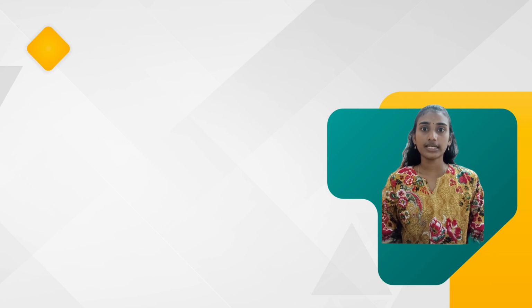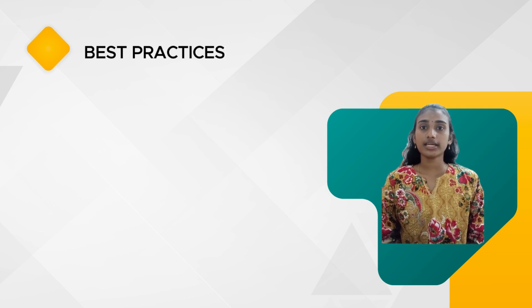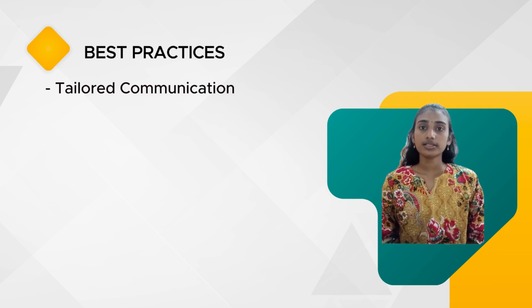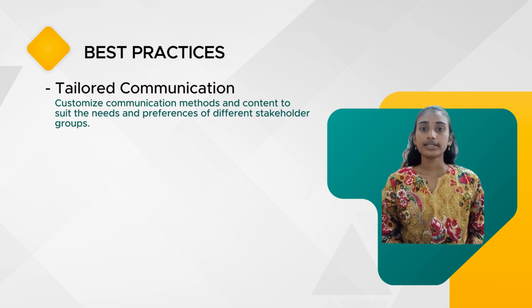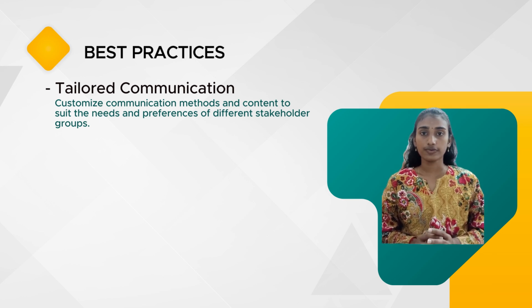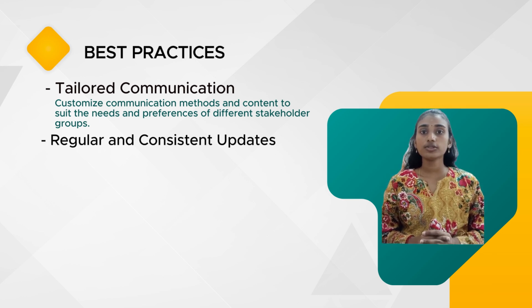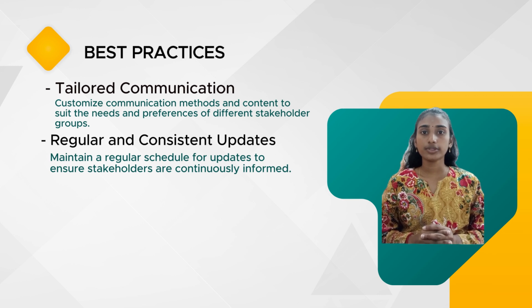To overcome these challenges, several best practices can be adopted. First is tailoring communication to suit the needs and preferences of different stakeholder groups. This ensures that the information is relevant and acceptable to everyone involved. Second is maintaining regular and consistent updates to keep stakeholders informed and engaged.